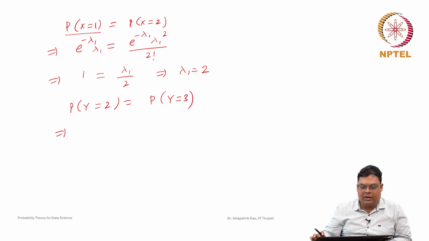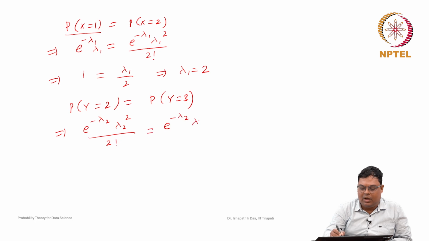This is e to the power of minus lambda 2, lambda 2 square by 2 factorial, equal to e to the power of minus lambda 2, lambda 2 cube by 3 factorial.